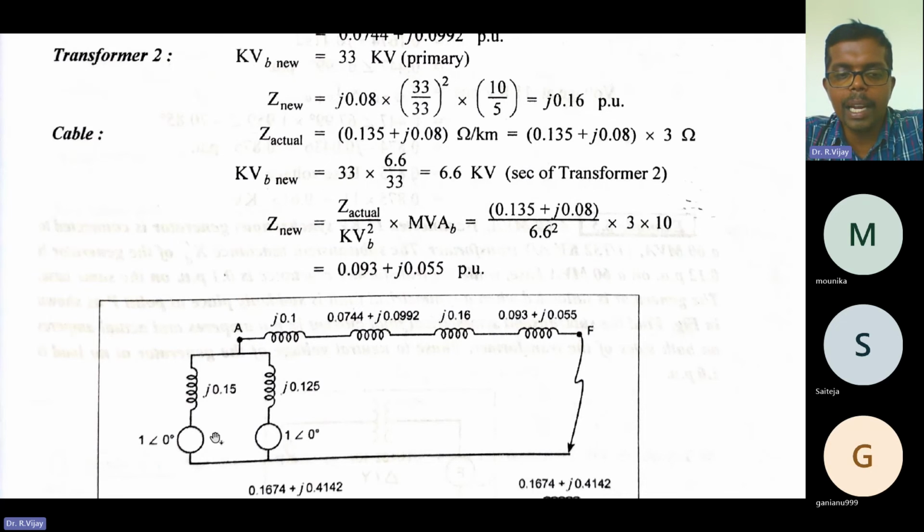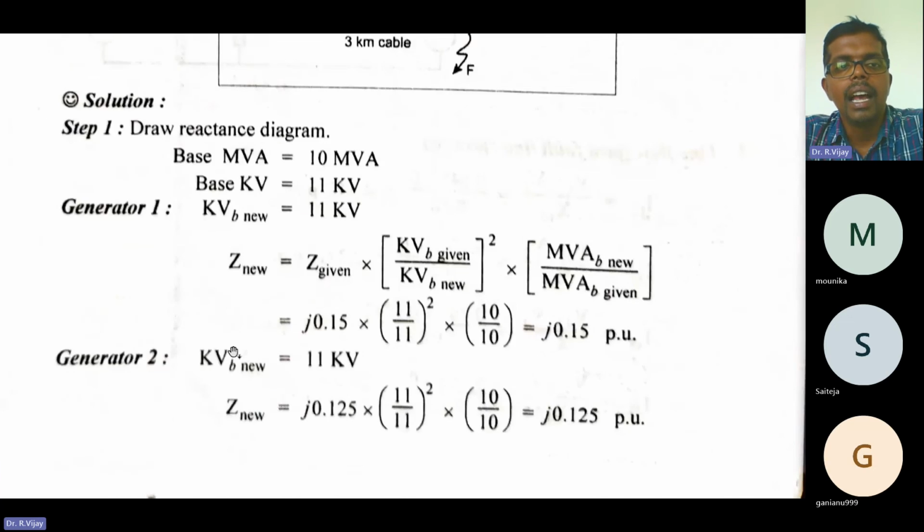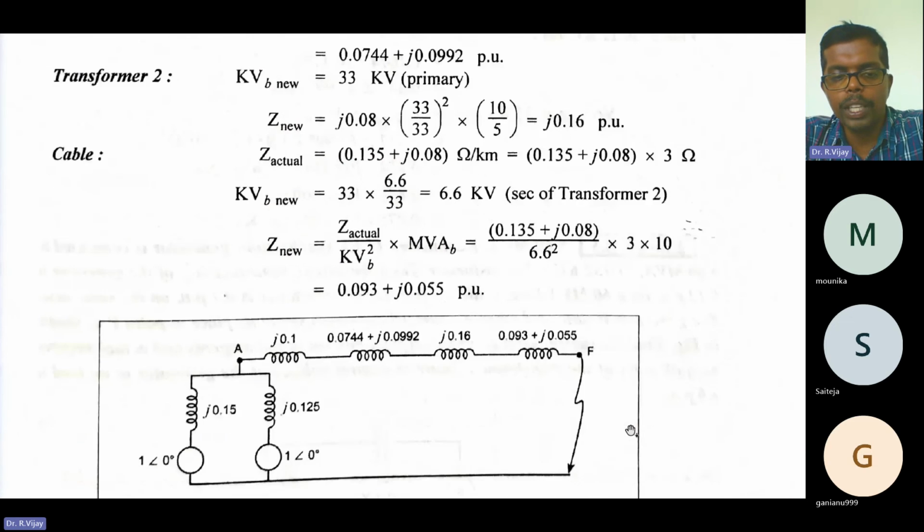In the single line diagram, you see two generators. They are connected in series. For example, here are the two generators. What is the impedance we already calculated? For generator 1, J into 0.15 per unit. Generator 2, J into 0.125 per unit. The same thing you need to mention here.